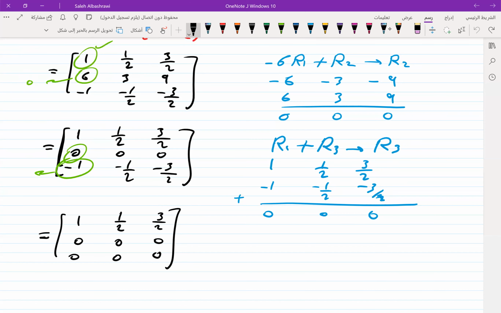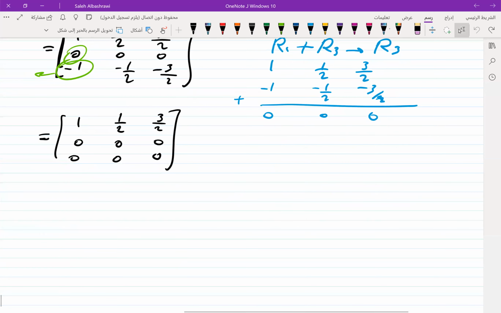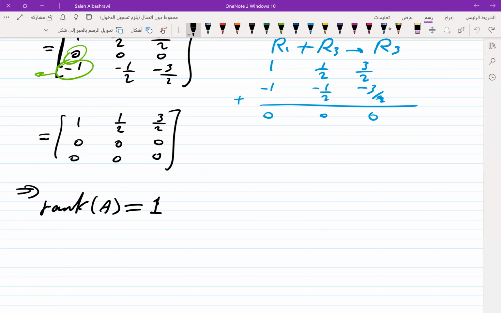So in this case, the rank of A is equal to only 1. So the rank of this matrix is equal to 1, because we have only one non-zero vector. The other two are equal to 0.